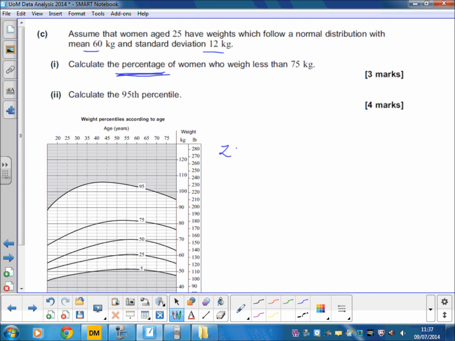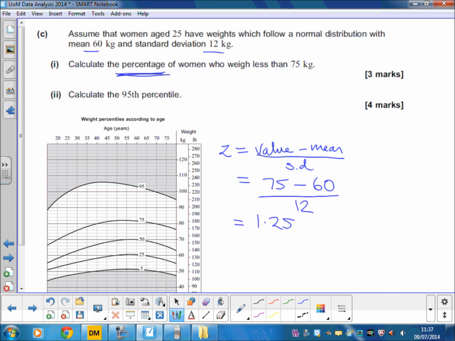That's our value minus our mean divided by the standard deviation. So in this case, our X value is 75. Our mean, we have to read the question, is 60. I'm not using the charts now. And the standard deviation is 12. And that gives me 1.25.